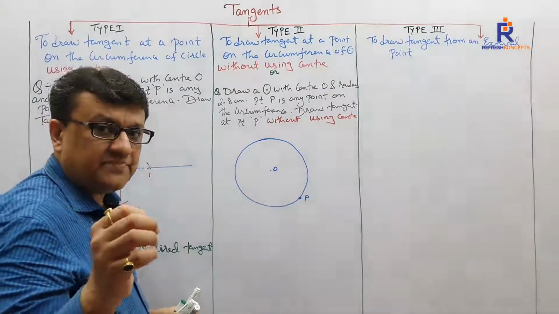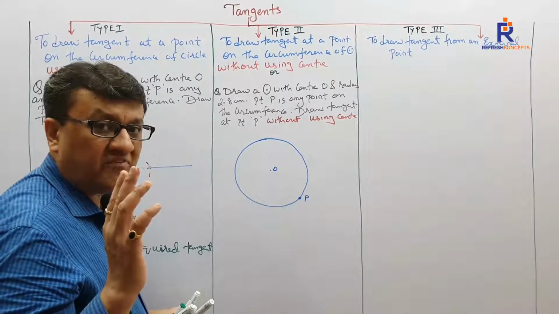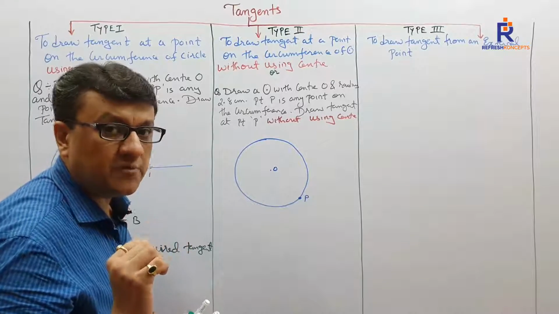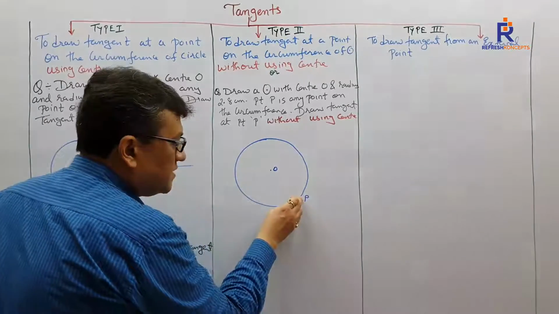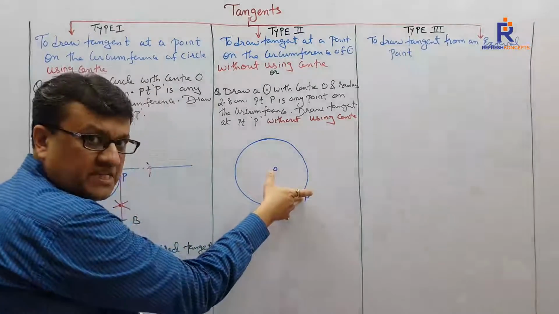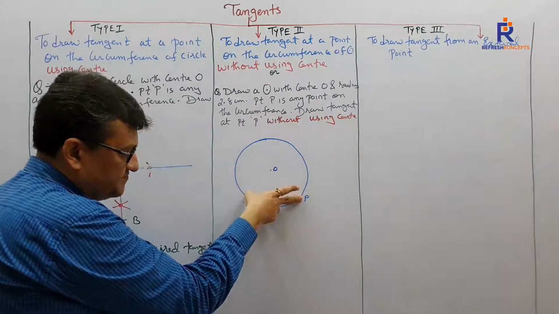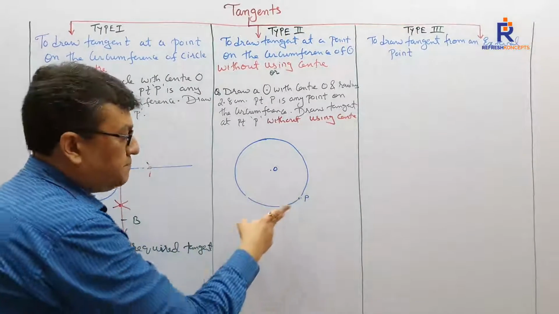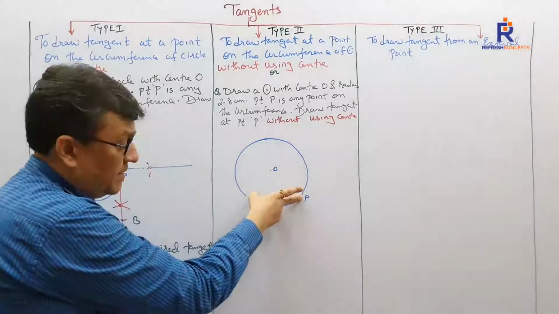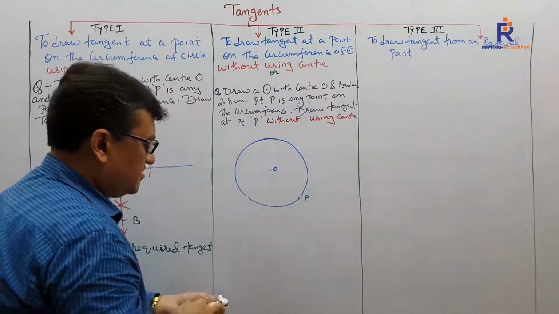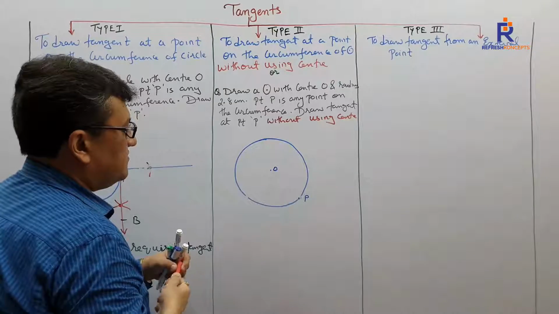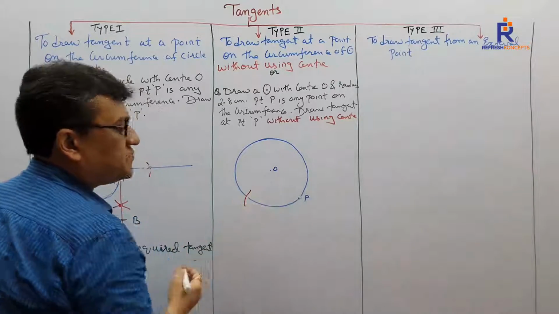So say for example, I am taking chord PQ of length 5 centimeter. P, 5 centimeter in my compass, cut. So this is my first point.